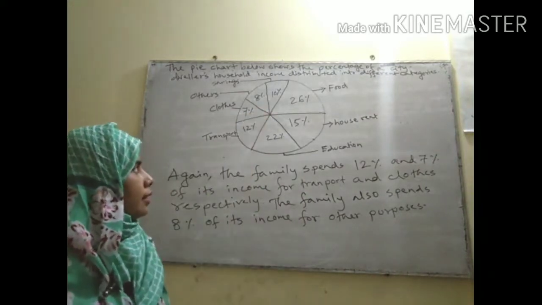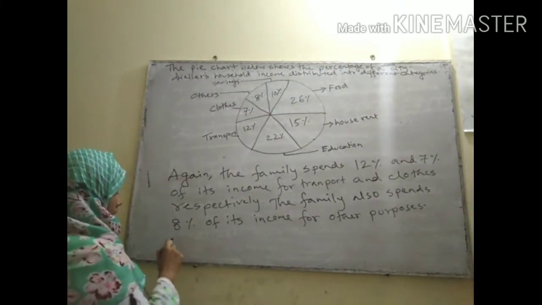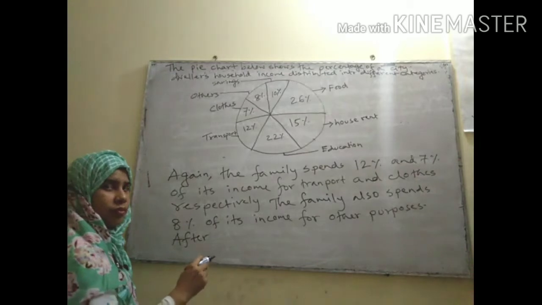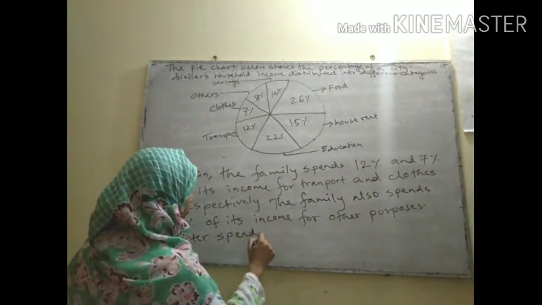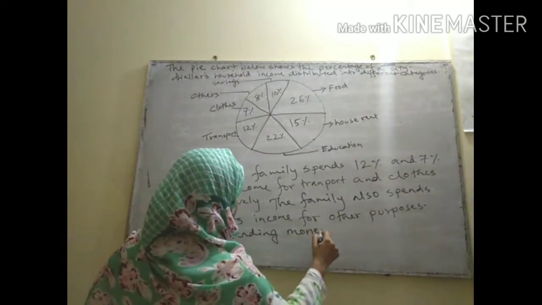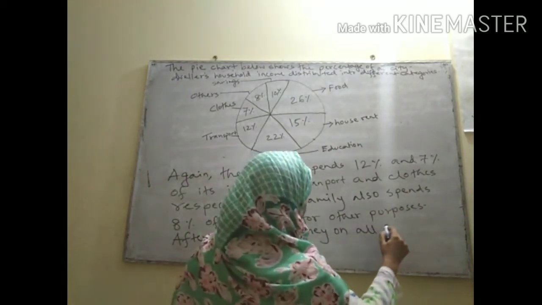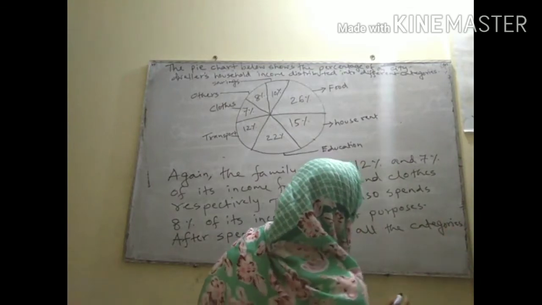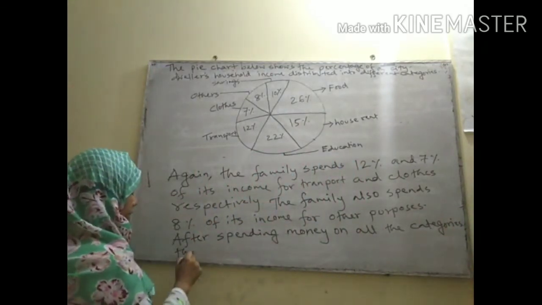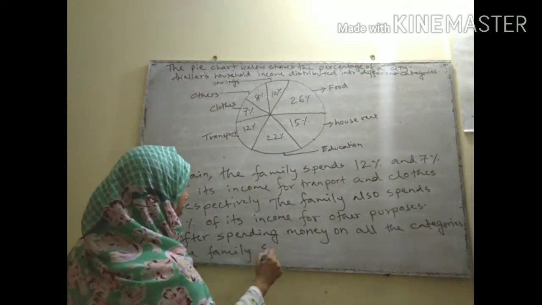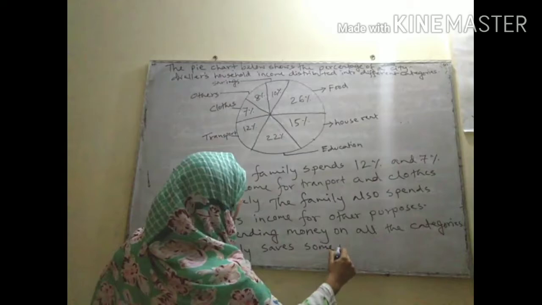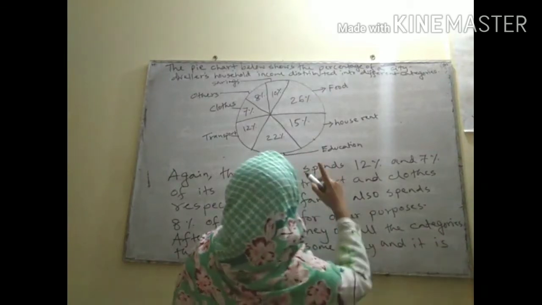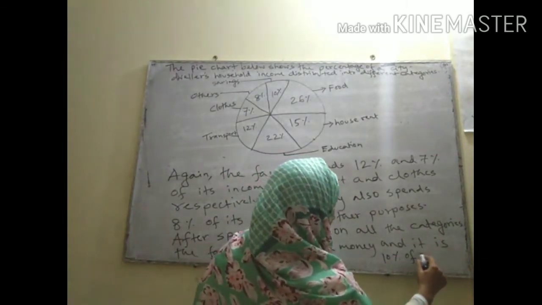Now only savings is left. Here we can say after spending money on all the categories, the family saves some money and it is 10% of its income.